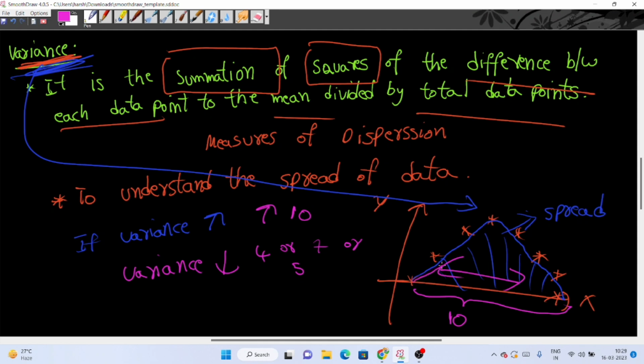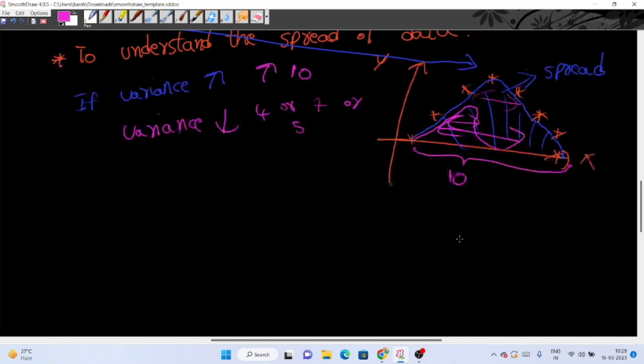Maybe it can be like this. Previously all of this was the spread, but now only this could be the spread. That is the correlation between variance and spread. If variance increases, the spread will increase, and if variance decreases, the spread will decrease. Now let me explain how we can calculate variance.